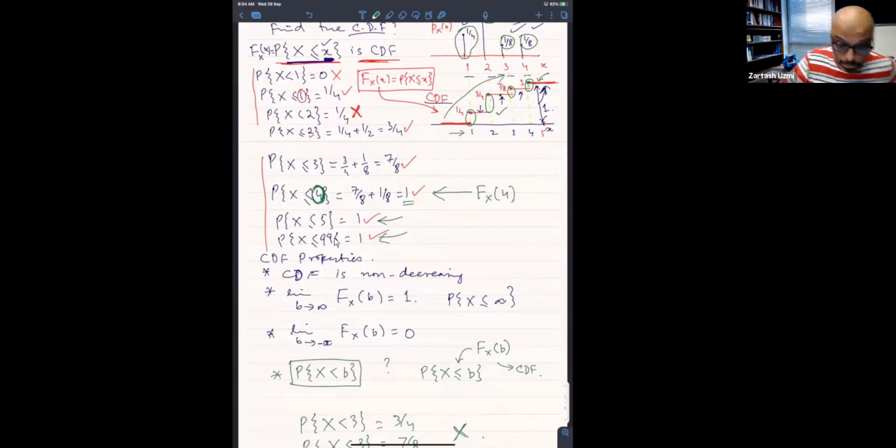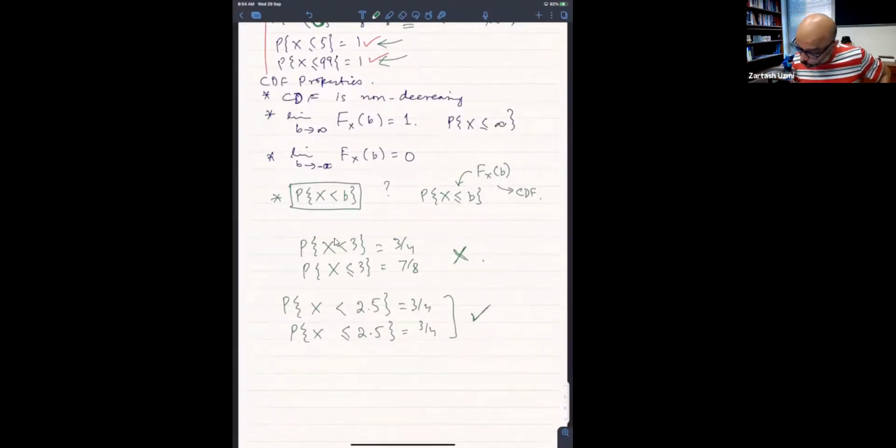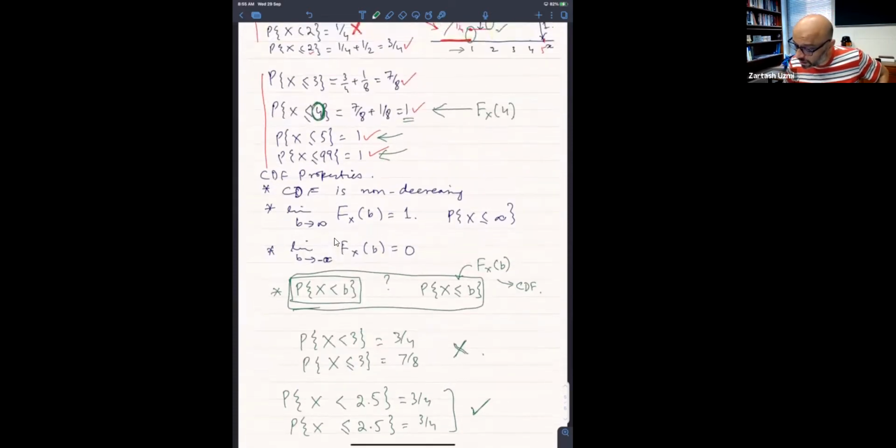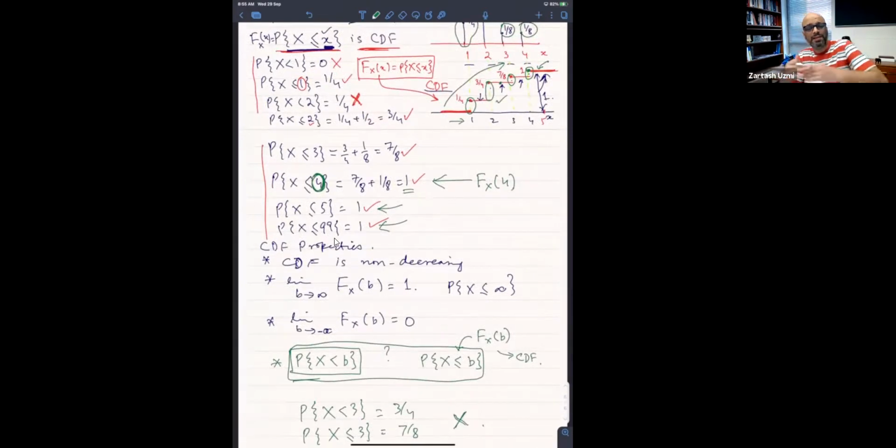अगर ये jumps ना हो, so it would always be true that probability x is less than b would be equal to probability x less than or equal to b. Only when you don't have any jumps. ये discrete jumps जब आपके पास आ जाएंगे, तो this will make this difference कि एक ही point के ऊपर less than अगर होगा तो वो आप jump के पीछे बैठे हैं, और वो point अगर include हो गया तो आप jump होने के फौरन बाद बैठे हैं.